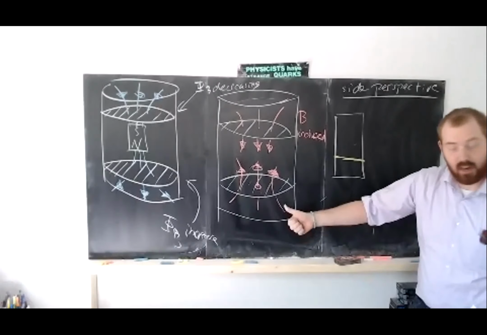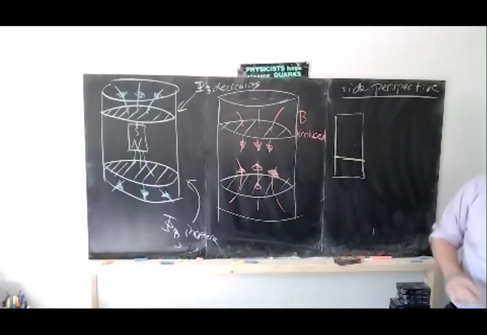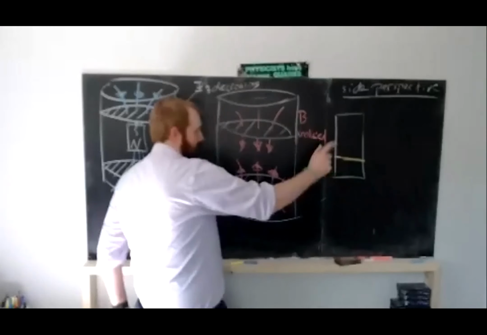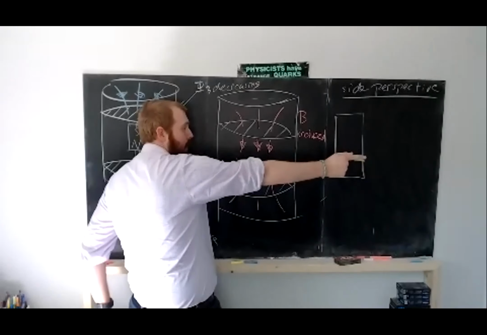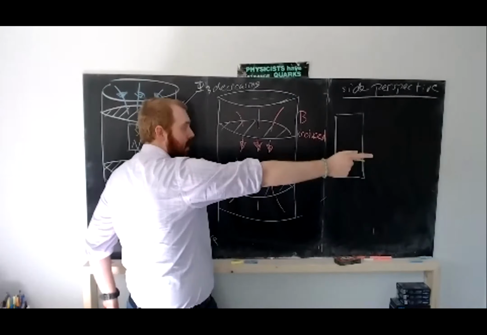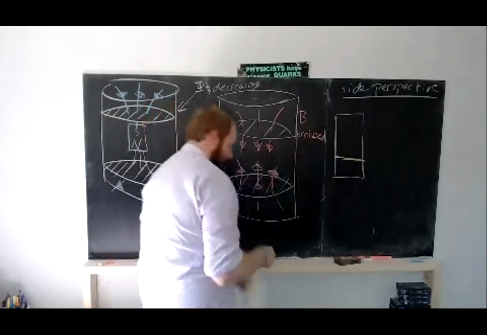This current needs to make a magnetic field pointing up, right-hand rule. If I go current going that way, the magnetic field inside the tube is pointing up.